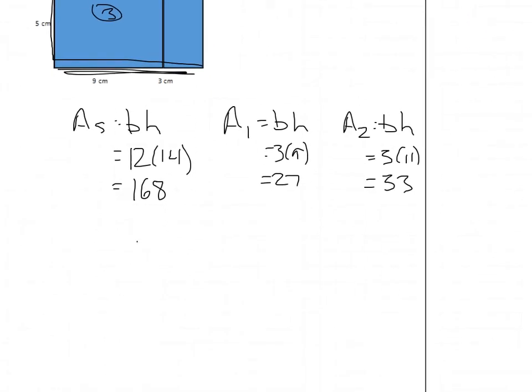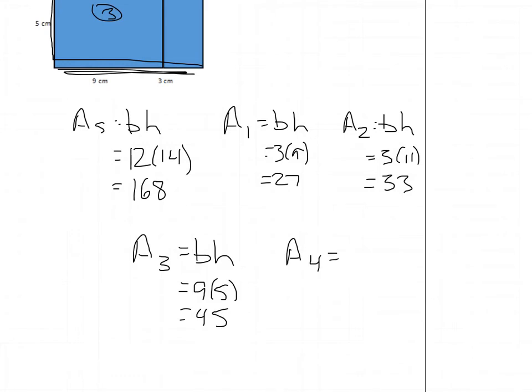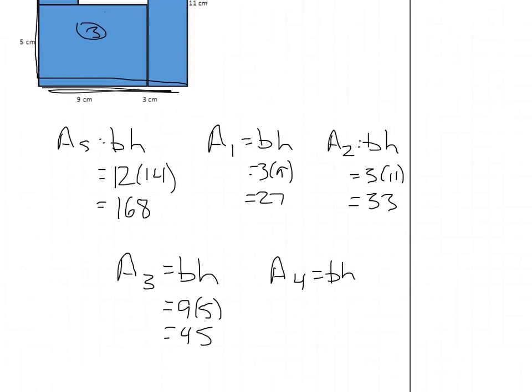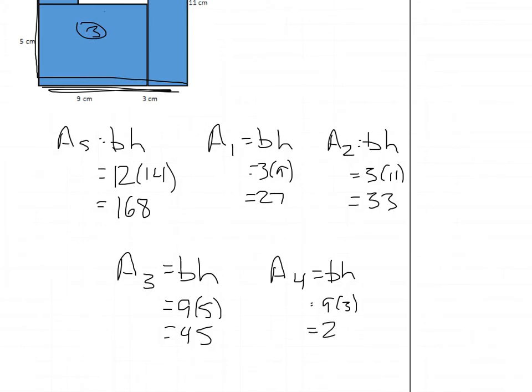Looking at this one, area 3 is also a rectangle, so base times height, and that's 9 times 5. That's going to give me 45. And area 4, also a rectangle, base times height, and the base and height are 9 and 3, so it has an area of 27.